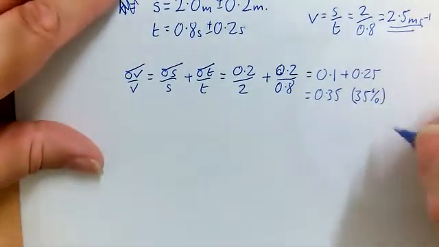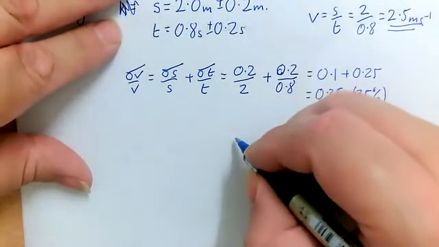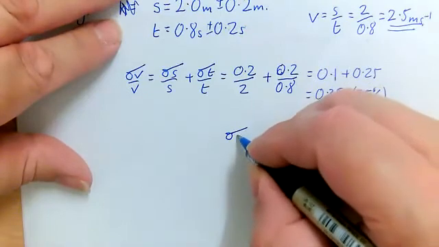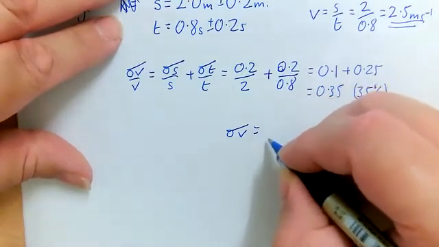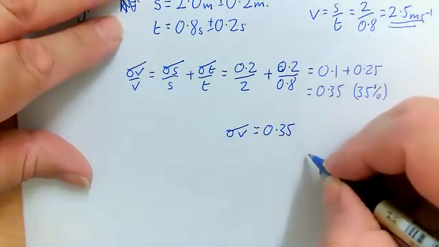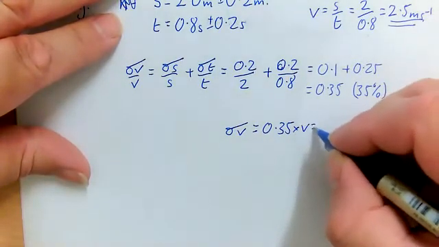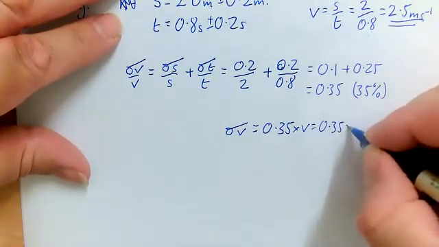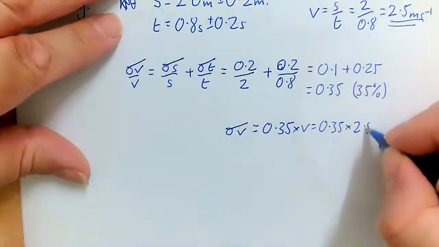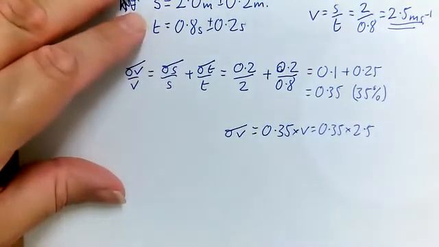To get the absolute uncertainty, because the percentage is the uncertainty divided by the value, all we need to do is work out that the uncertainty is the percentage uncertainty expressed as a decimal, 0.35, multiplied by v, which is 0.35 multiplied by 2.5, giving me 0.875.